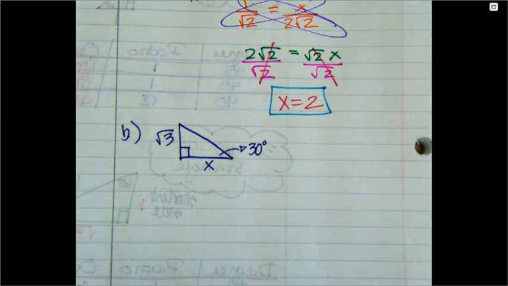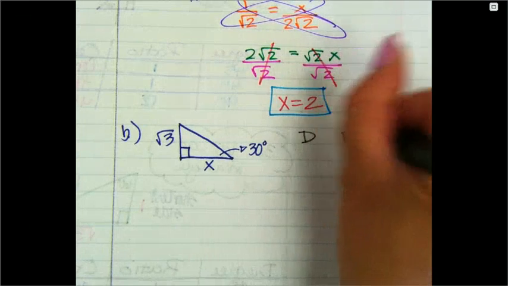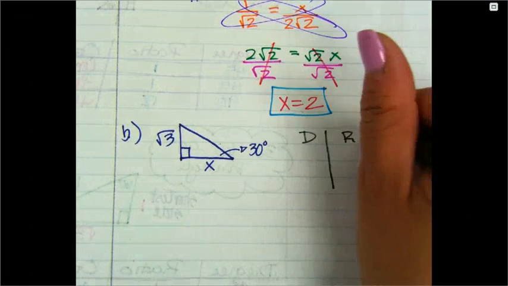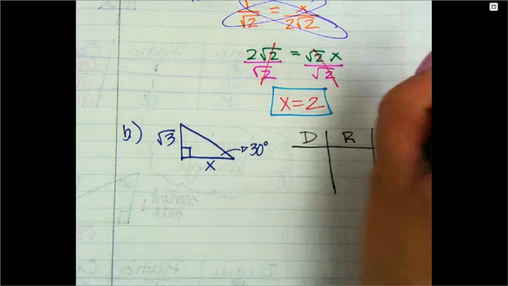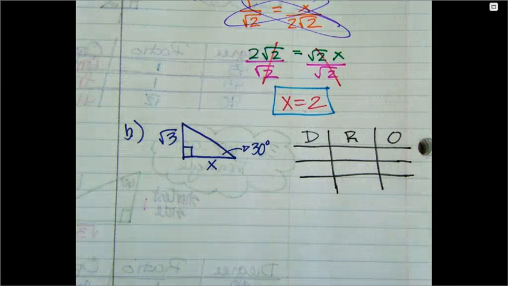All right, I've given you your triangle. This says radical 3, that says x. There's an angle right there that you can see. Go ahead and make your charts. Degree, ratio, opposite.